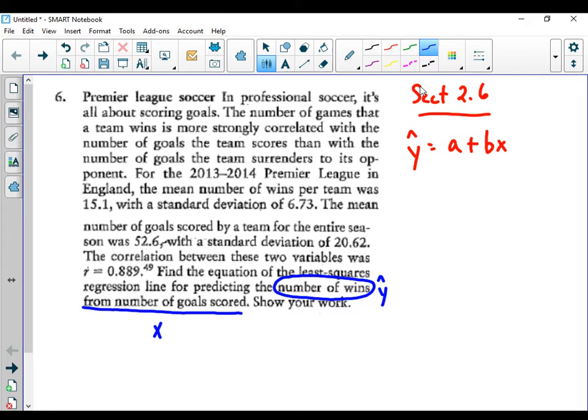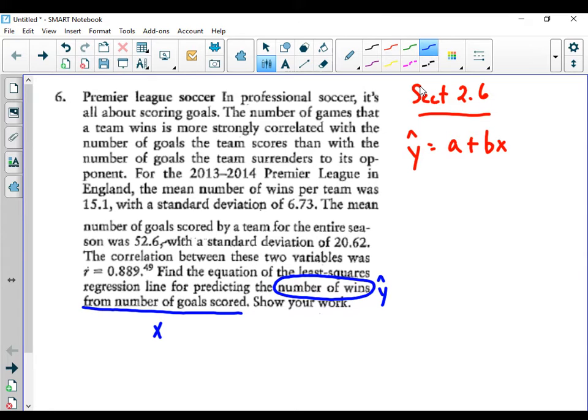So we had a formula for finding the equation, but in order to use that formula, we had to think about X bar, Y bar, standard deviation of X, standard deviation of Y. So we had to know which one's which. When they gave us the information, the X's would be all the information dealing with the number of goals scored.